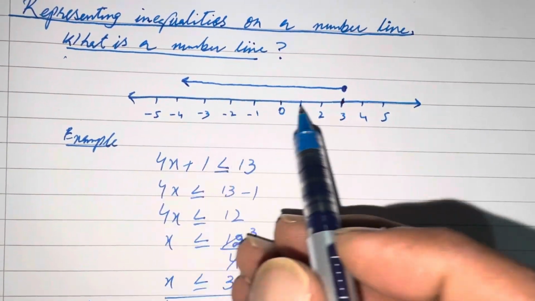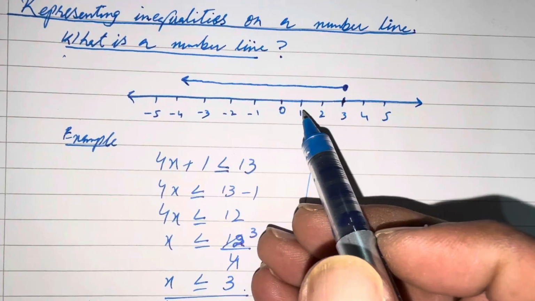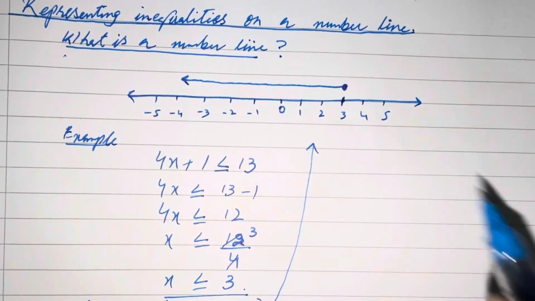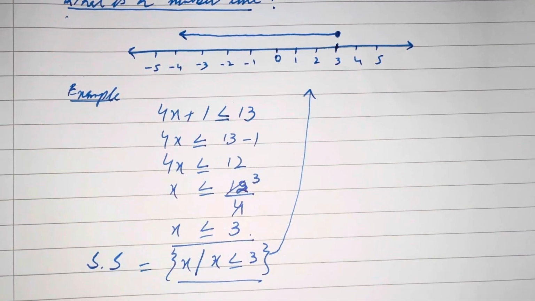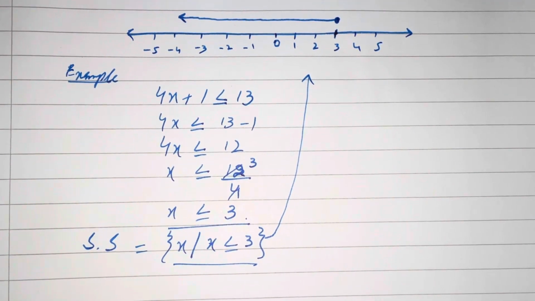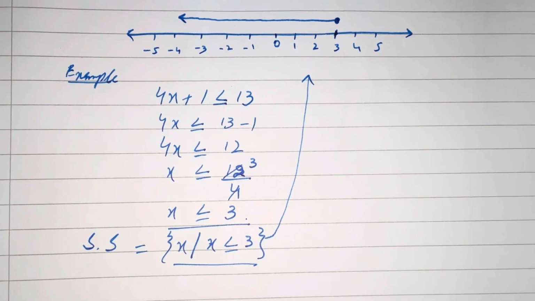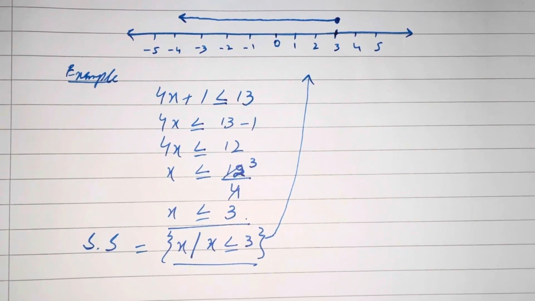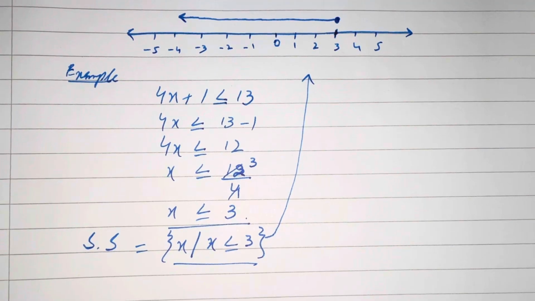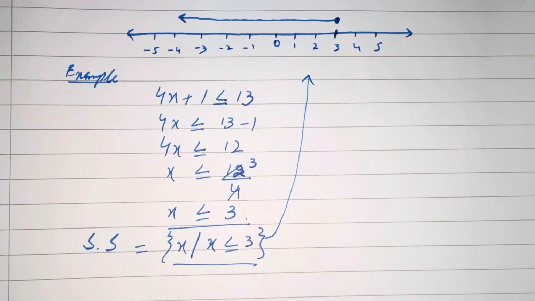This is called the representation of inequalities on a number line. It's very easy to solve these kinds of questions: we have to do the same thing as we do to find the solution sets in linear equations.